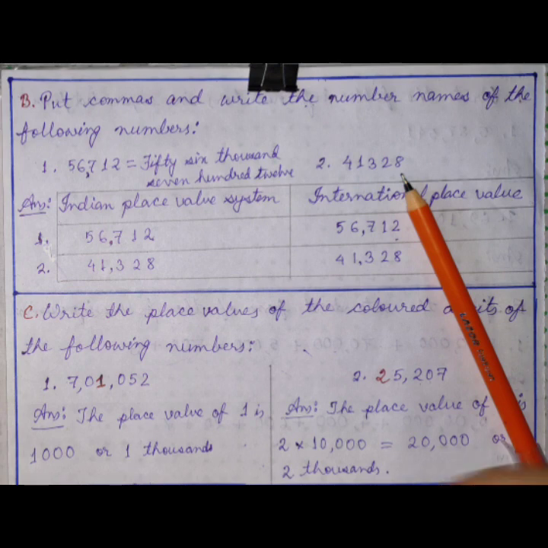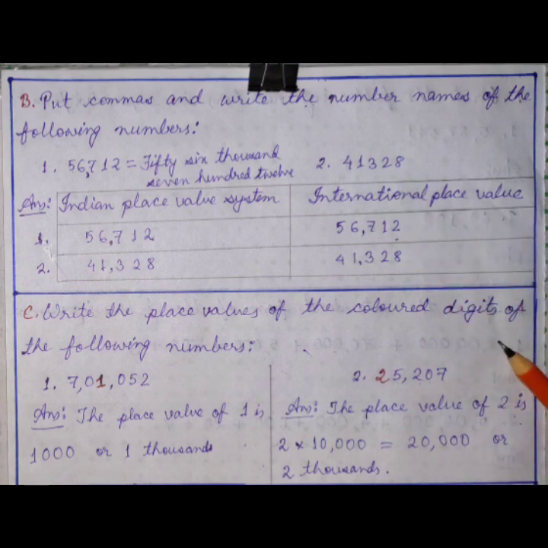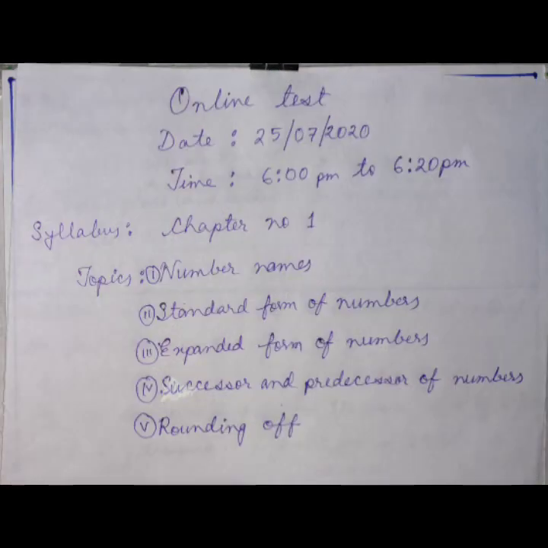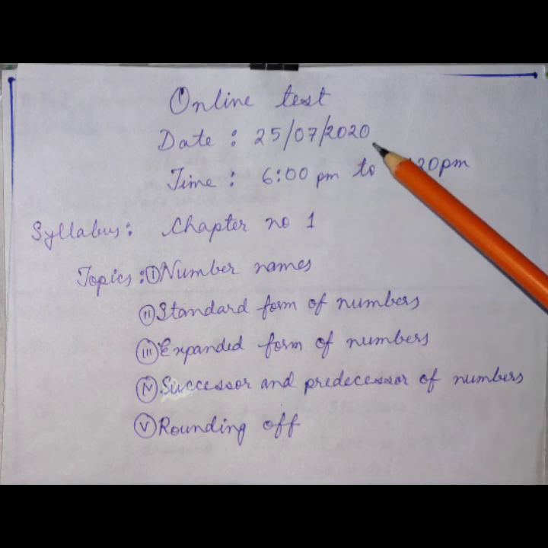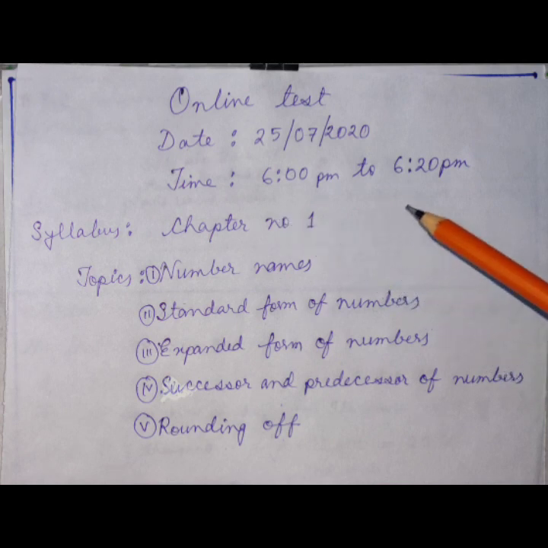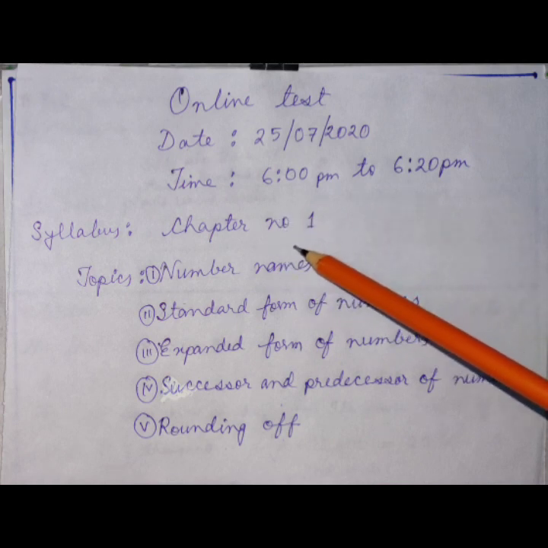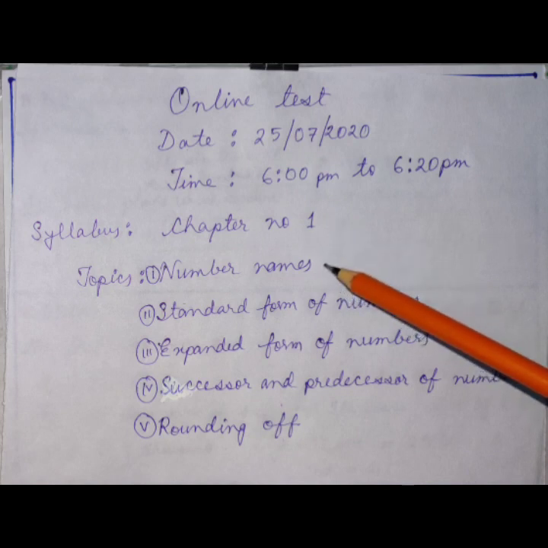There is one more piece of information. You have your second online examination on 25th of July at 6 p.m. This is the syllabus for your second online test, to be held on 25th of July, from 6 p.m. to 6:20 p.m. Total marks 10, and from chapter number 1 you have to study the following topics.